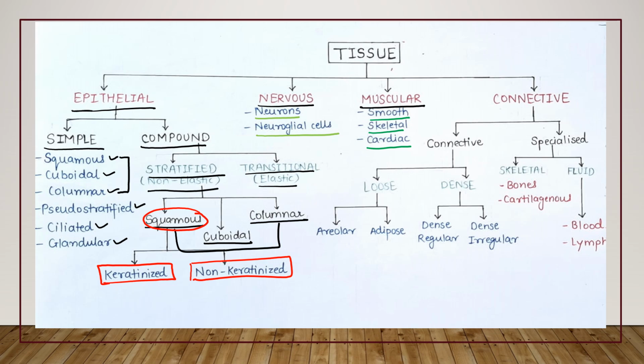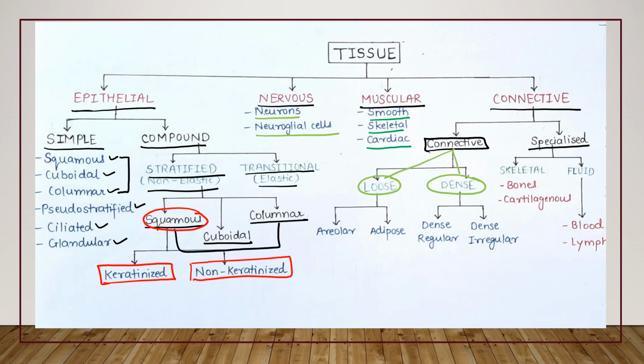And the last one is connective tissue. So this is classified into two subtypes. First is connective tissue and second is specialized. Now in connective, two subtypes. First is loose connective tissue and second is dense connective tissue. Again, these two tissues are classified into two types.